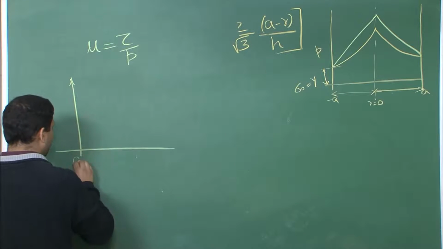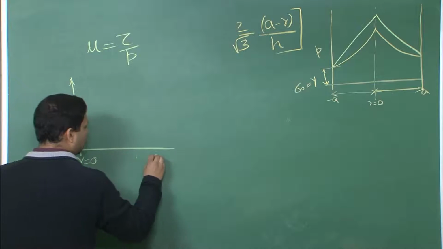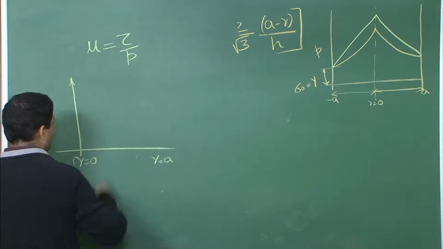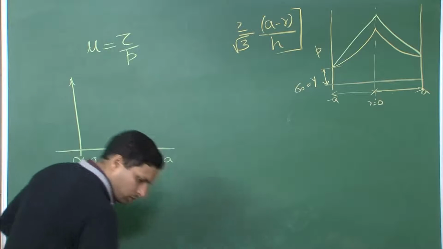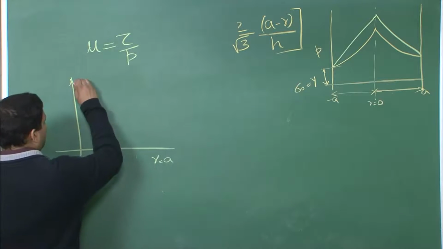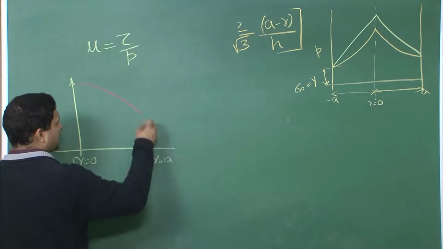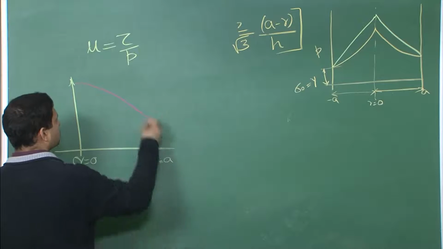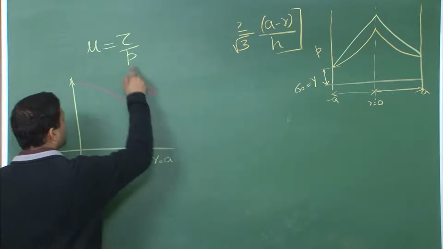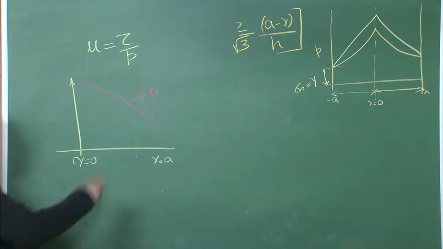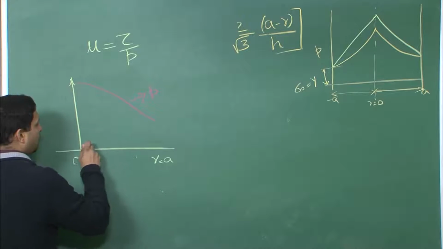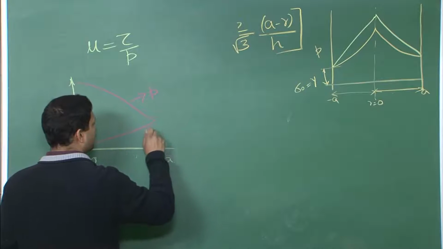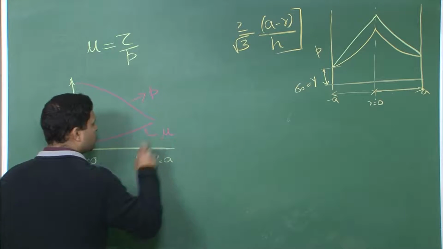So, let us say from r equal to 0 to r equal to a, our P is varying something like this. So, this is our P. If P is changing like this and tau remains constant, it would imply that mu has to increase. So, this is mu.